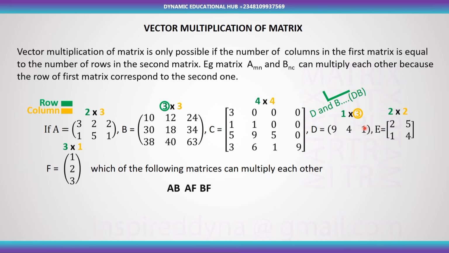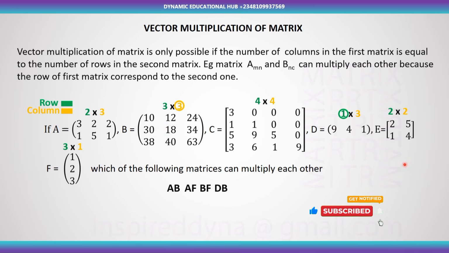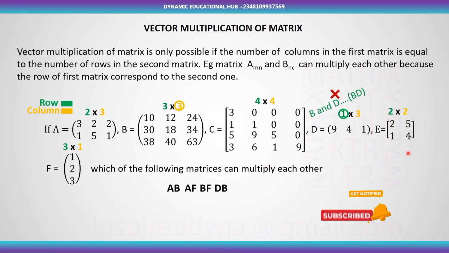So if D happens to be first, the column corresponds with the row of B. So that is why D and B. But B and D cannot multiply each other. If you are doing B and D, this is 3 here and this is 1 here. It is impossible.